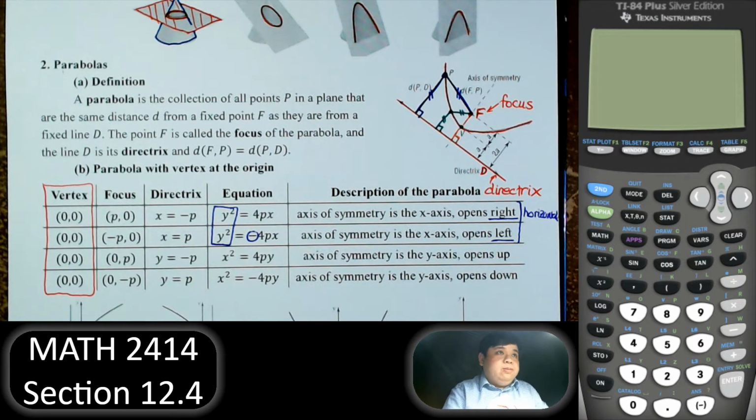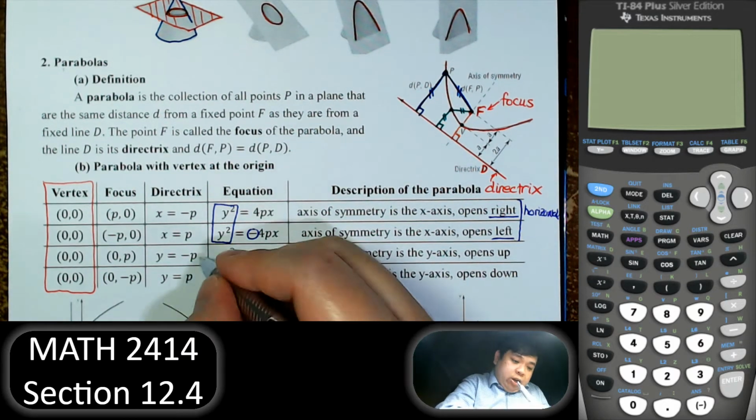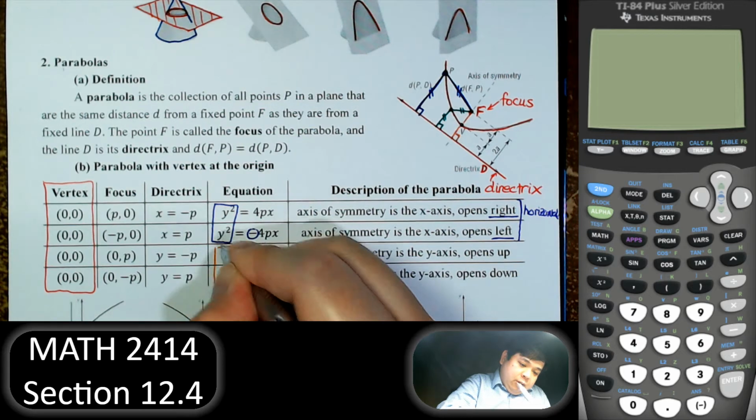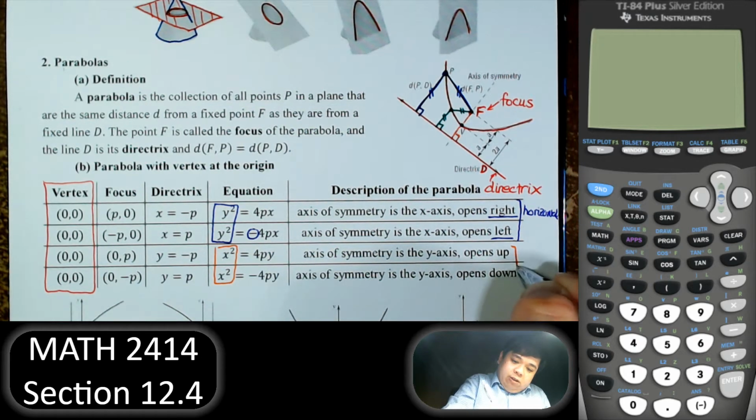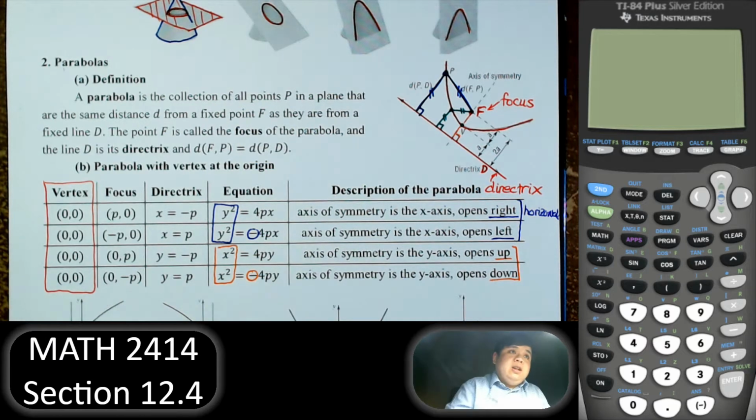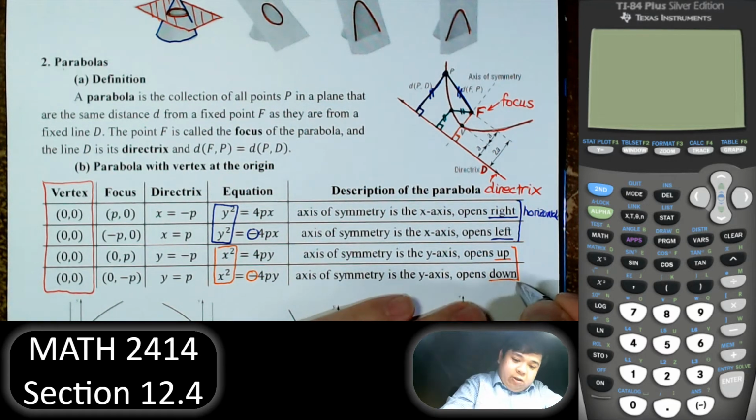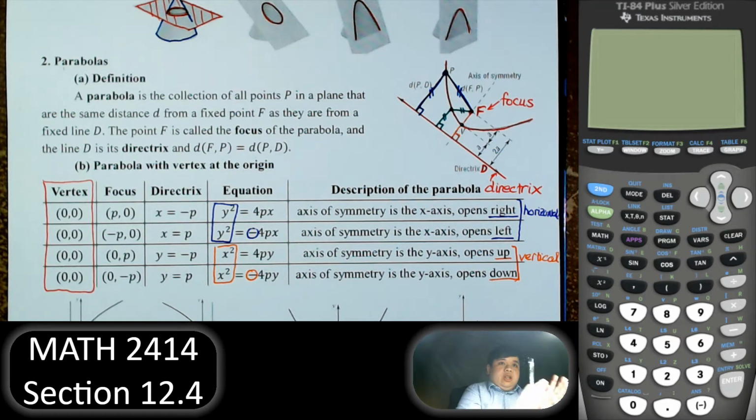If we lead with x square, it will open up or down, depending on if there's a minus or not. And this will be vertical. Right. So start with y square, open left or right. Start with x square, open up or down, like y equals x square up, y equals negative x square down.